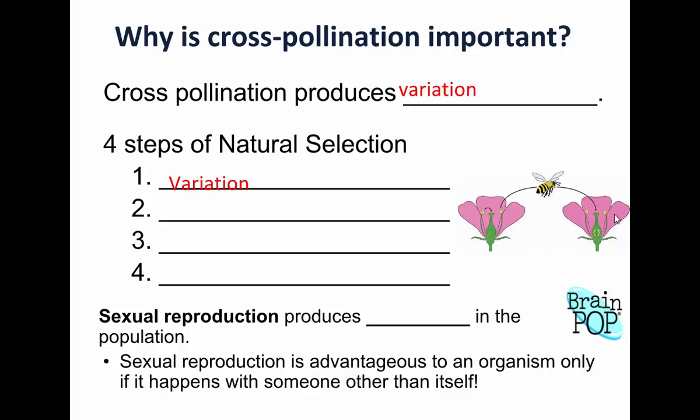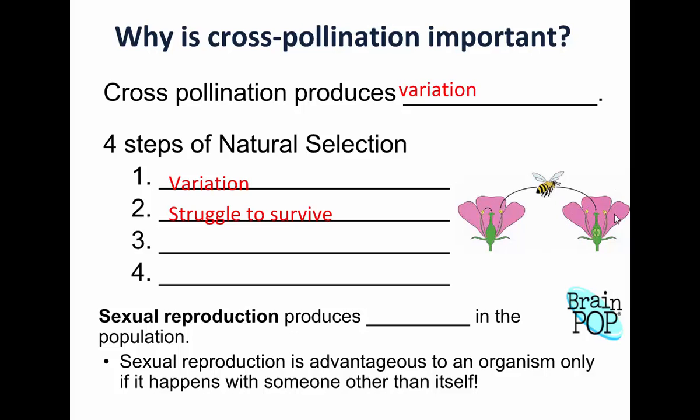It takes variation, right? You have to have differences between individuals in order for natural selection to work. Then we have a struggle for survival in nature because of limited resources, because of predators. Which organisms survive in natural selection? The fittest.